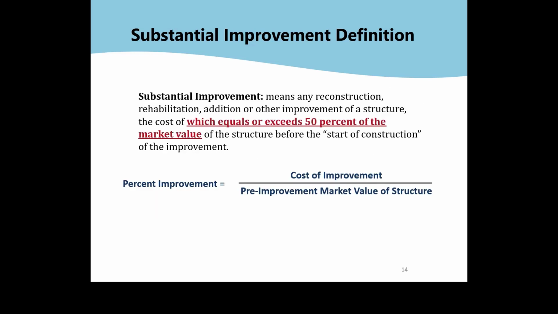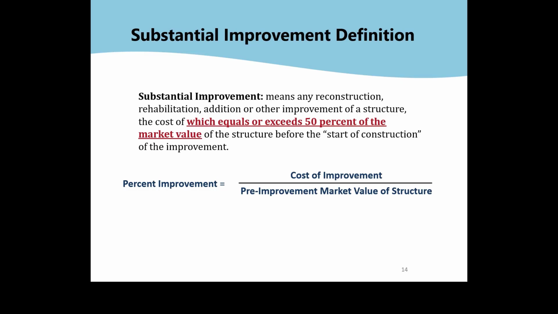So if we look at the first part of it, a substantial improvement means any reconstruction, rehabilitation, addition, or other improvement of a structure, the cost of which equals or exceeds 50% of the market value of the structure before the start of construction of the improvement.